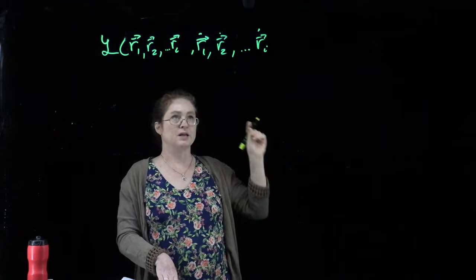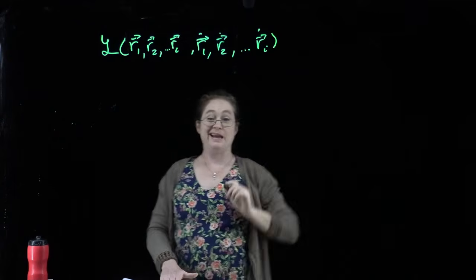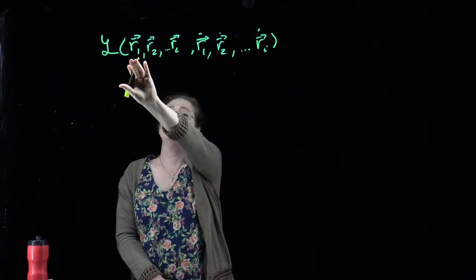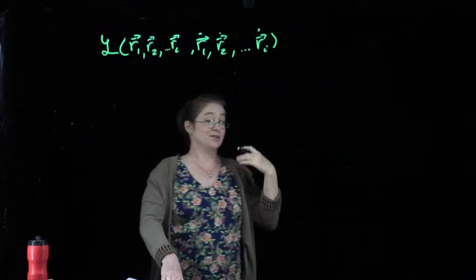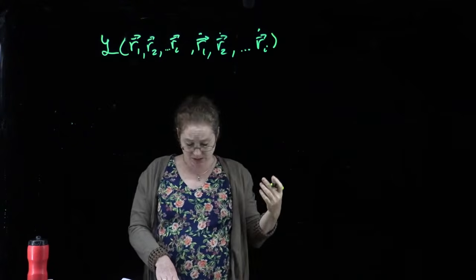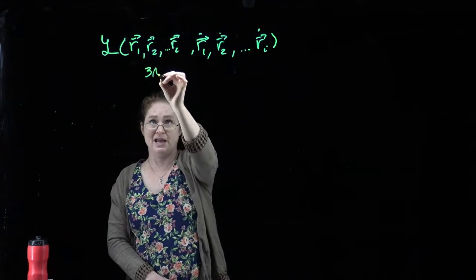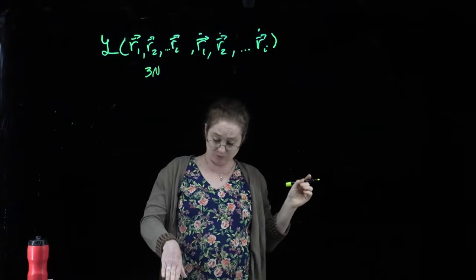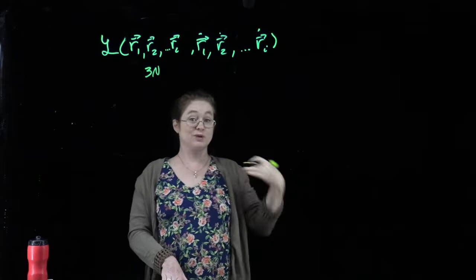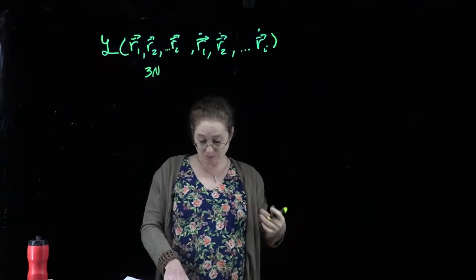And so then, because we're talking about n particles, and each of these positions has 3 components, then we have 3n generalized coordinates, 3 for each particle.